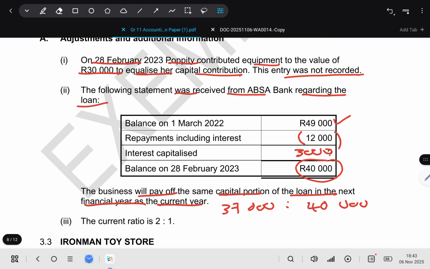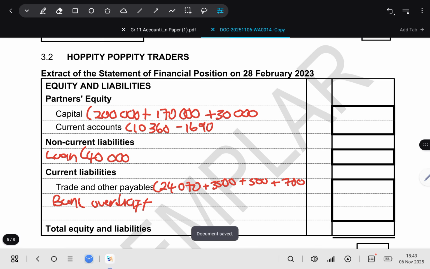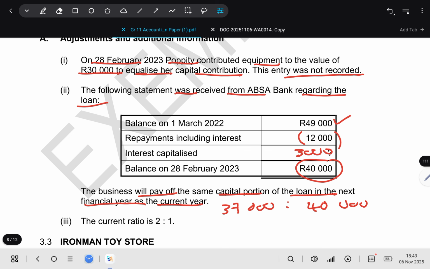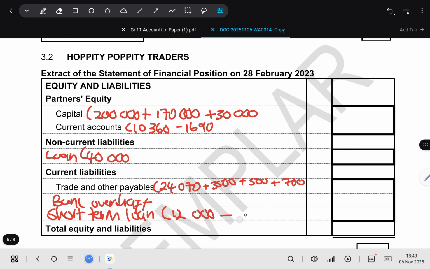So now our short-term loan here, they're saying it's going to be the capital portion. Remember, it is the difference between your repayments that include interest and the interest. So this will be our short-term loan: 12,000 minus 3,000, which gives us 9,000.